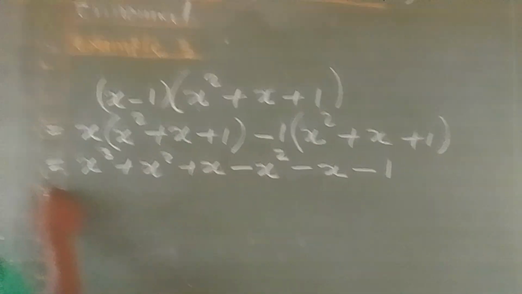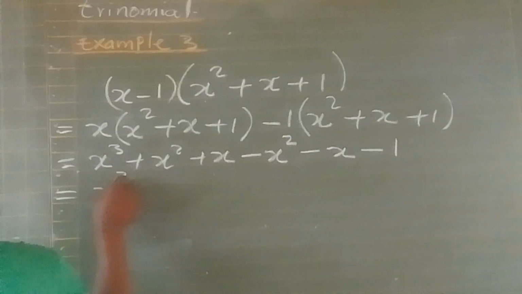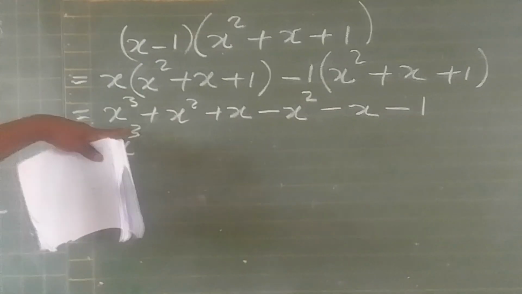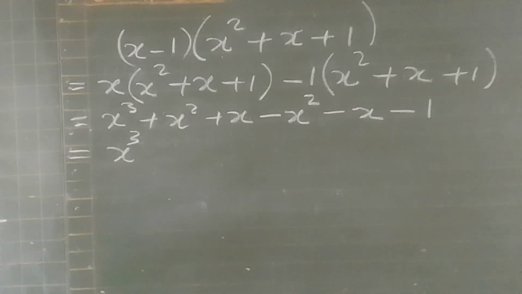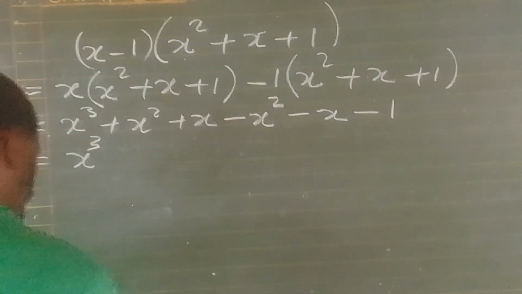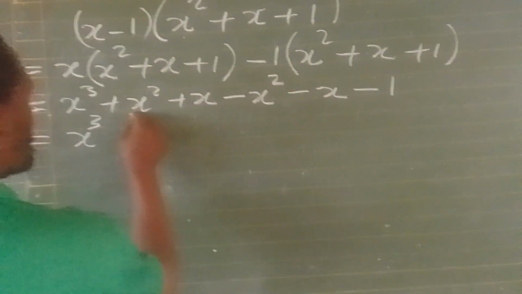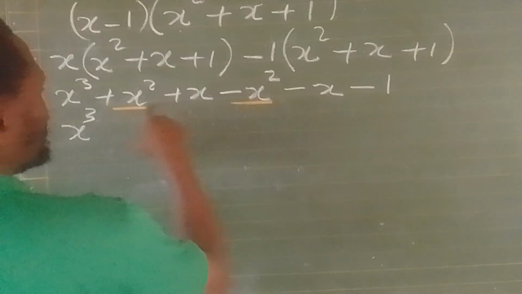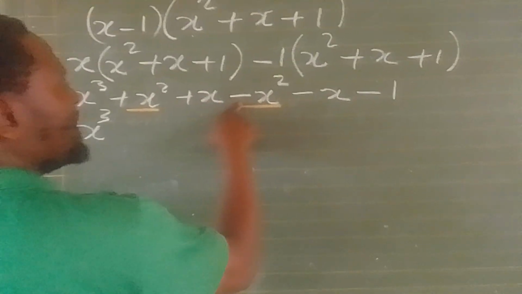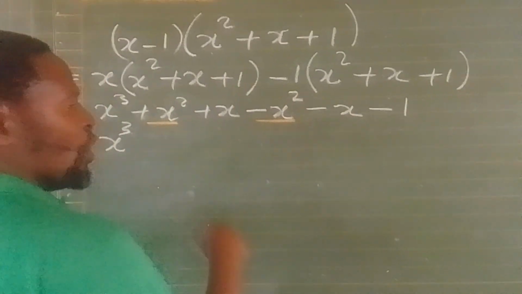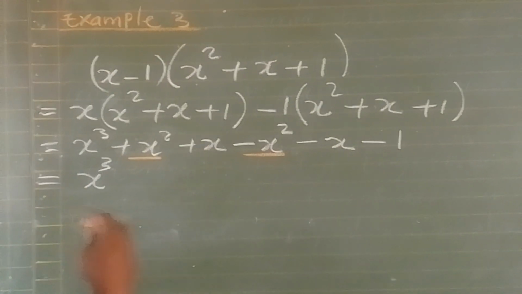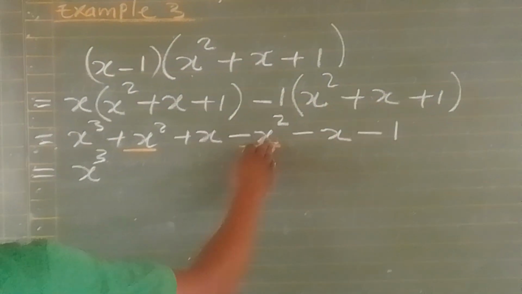Now you arrange. As you arrange them, you know that you have the highest degree of x to the power 3. The next one is x squared. Here it is x squared, which is a positive and a negative. A positive 1 and a negative 1, when you combine them together, it's the same as 1 plus 1 minus 1 or minus 1 plus 1, you get a 0 here.